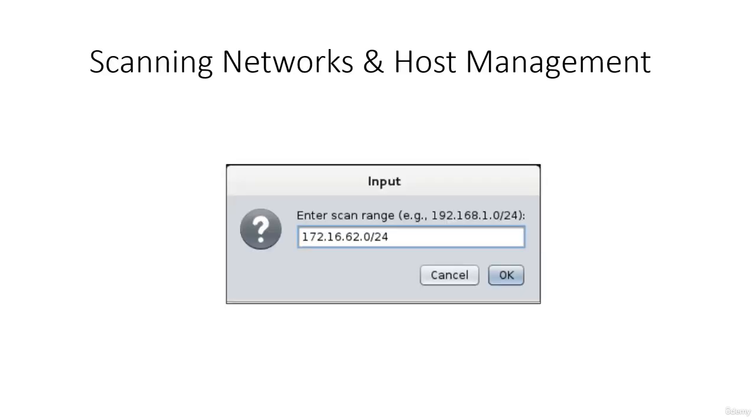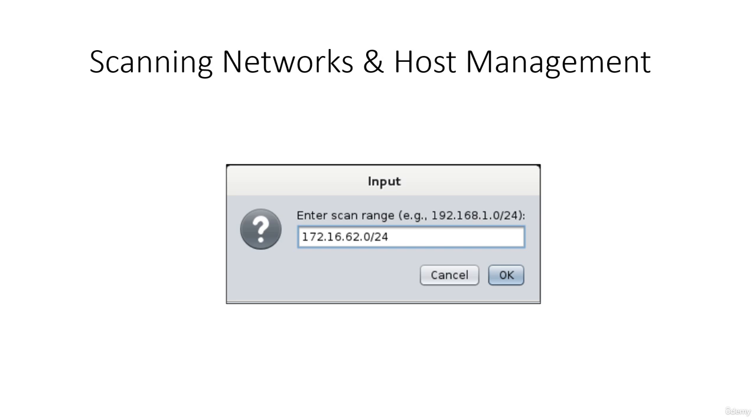tab. On clicking Intense Scan, Armitage will display a pop-up that asks for the target range, as you can see here. So make sure you first open Armitage, then scan the network by selecting the Hosts tab and then clicking Intense Scan.